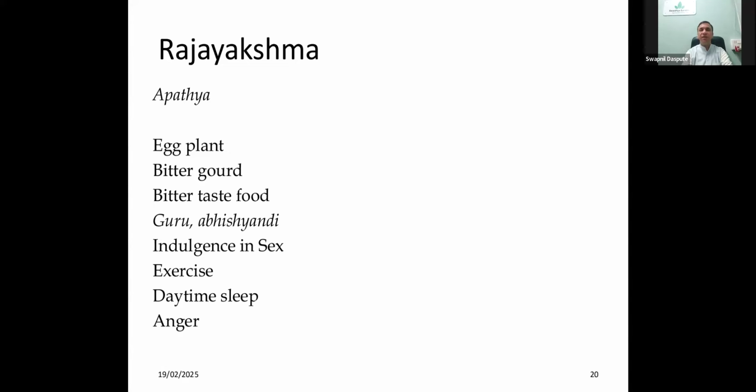If it is negative, then we can consider it to be in the dormant stage, and as you said, it can come back anytime. So, precautions, we cannot tell them, okay, this is apathya, this is pathya. But we can certainly give them rasayana treatment if they are willing to take it for the long term. Rasayana will certainly help.